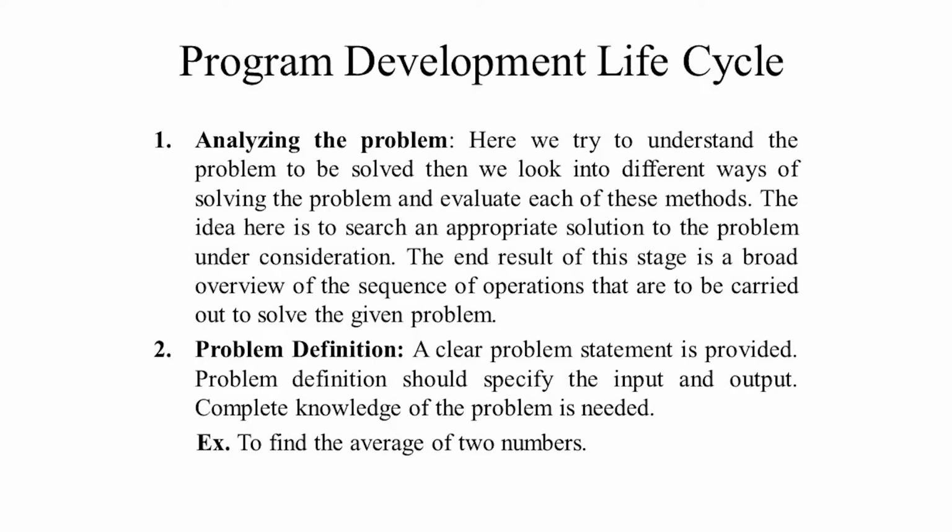Say for example, if you are given some numbers and then you are told to perform some particular operation, at the end of the problem definition you need to define, say for example, to find the average of two numbers. So this is the objective of a particular program. So by the end of this stage you should be able to define what exactly the problem should do. That is the second stage.